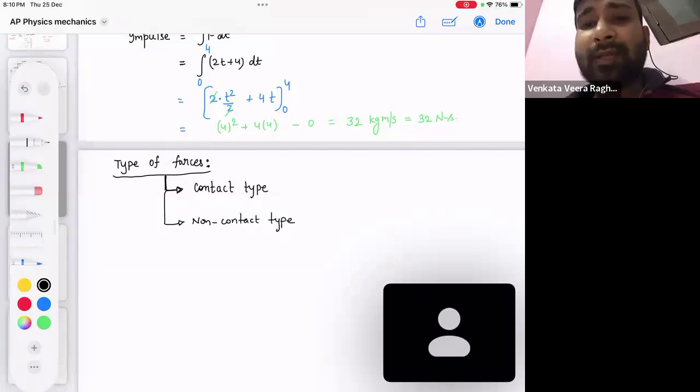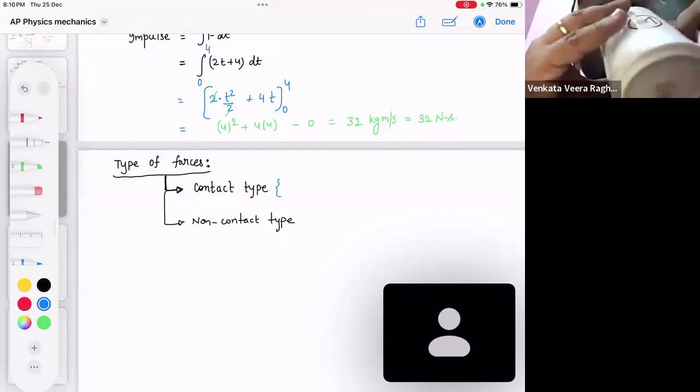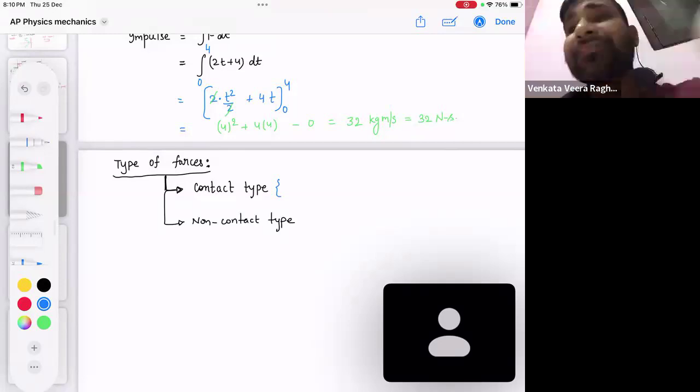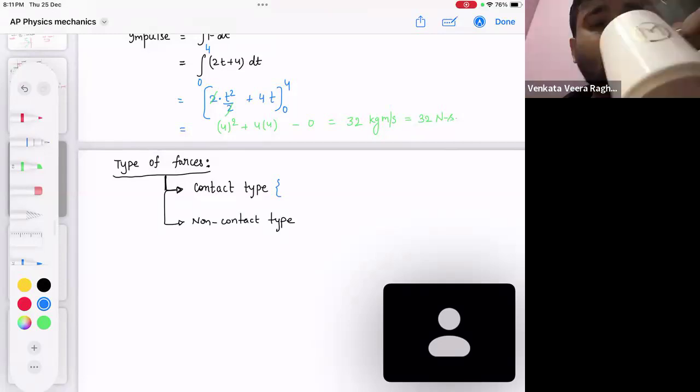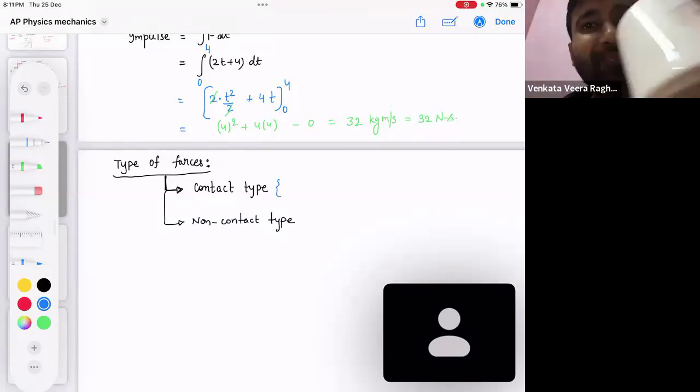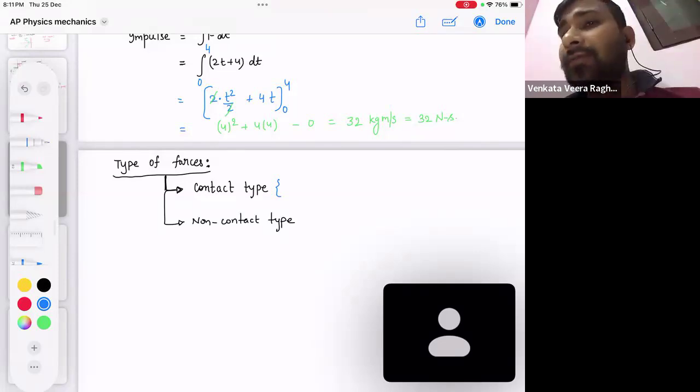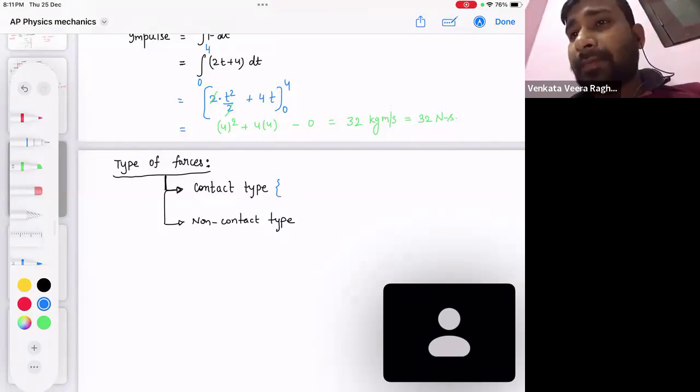Contact type, can you tell me examples of contact type forces? Can we say that normal reaction, normal force, is a contact type force, right?